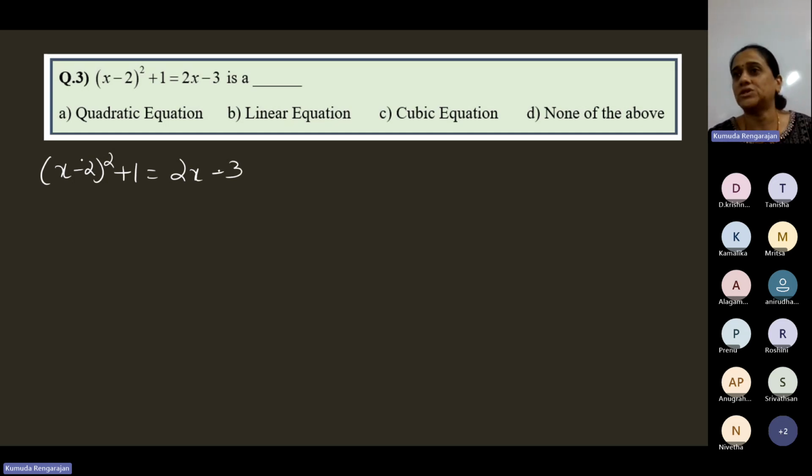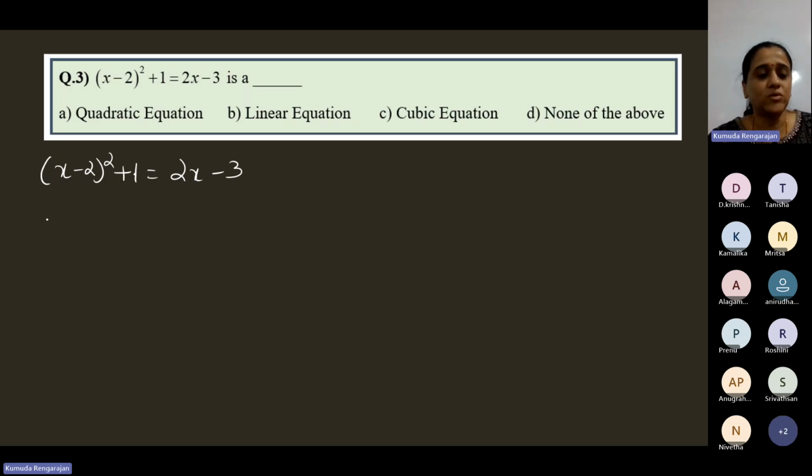Please simplify the equation. Sometimes the x squared terms may get cancelled, so then the x squared term will not be there at all, and it will not be quadratic. You should always simplify the equation and then check if it is quadratic, linear, or whatever.